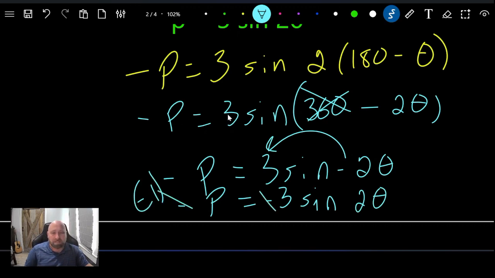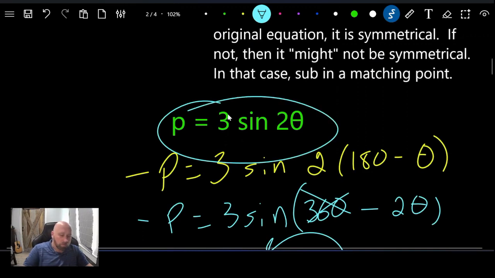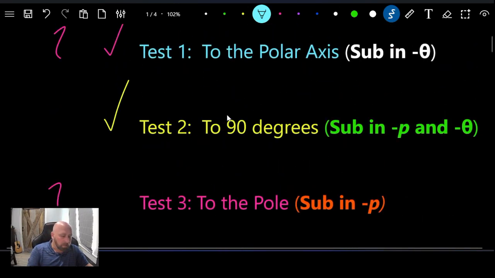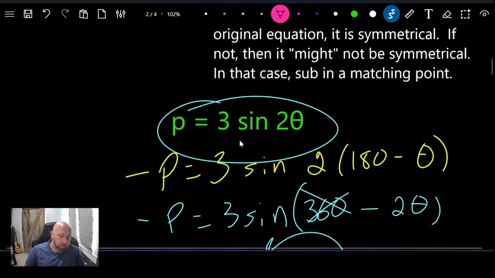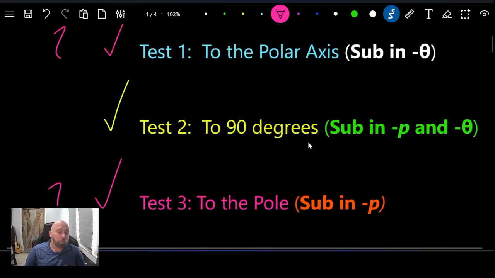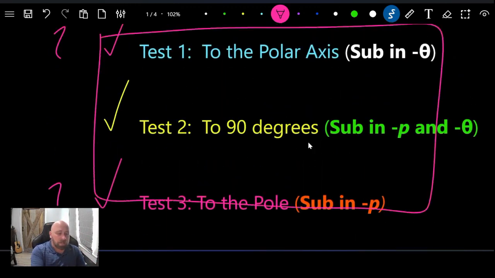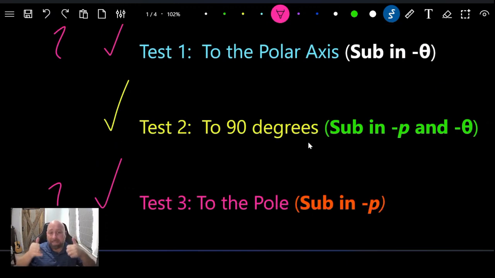Rho equals 3 sine 2 theta. So for this equation, rho equals 3 sine 2 theta, all three of the tests would check out, and we would get, yes, everything is symmetrical. You would do that same process if you had another equation and go through that to prove your symmetry.